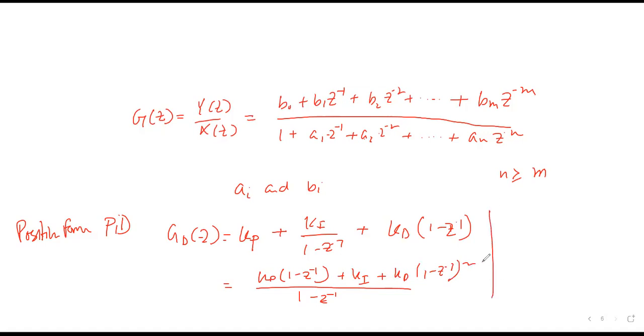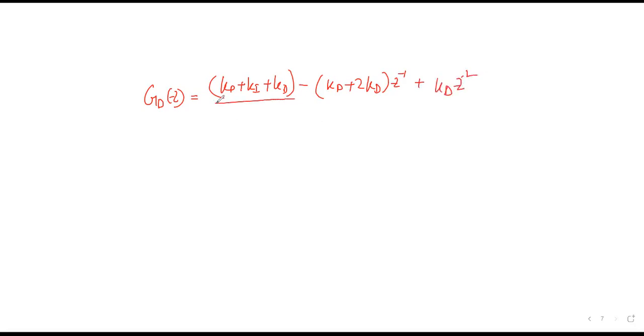If we rearrange the thing a bit further, I think it's better to go into the next slide. Okay, so if we rearrange a bit more, then GD(z) will be KP plus KI plus KD minus KP plus 2 KD Z inverse plus KD Z to the power minus 2, divided by 1 minus Z inverse.